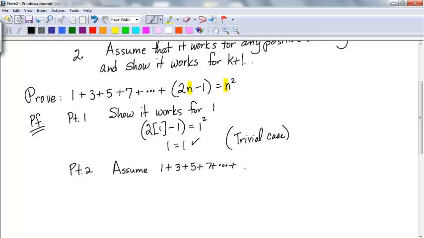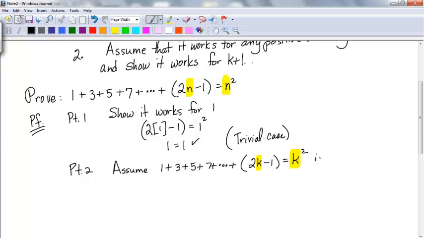Now here's where it differs: in the original problem it's an n, but when you start going through the proof, you substitute in a k everywhere you see an n.